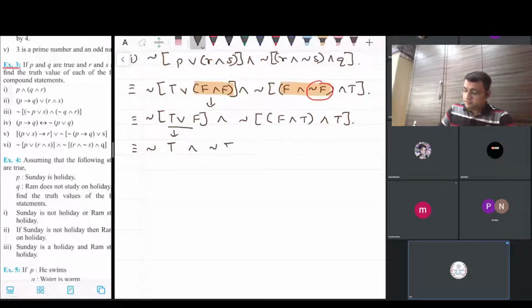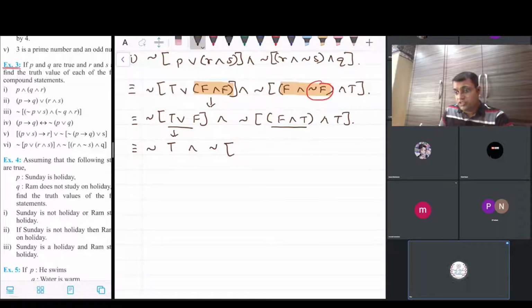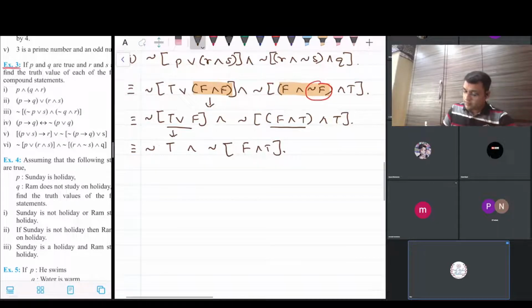Negation symbol F and T. What is F and T? In case of AND, it is both T then T, otherwise false. So again this is the otherwise case, so I will write false over here. Negation of T, what is negation of T? It is false. AND symbol comes down as it is.